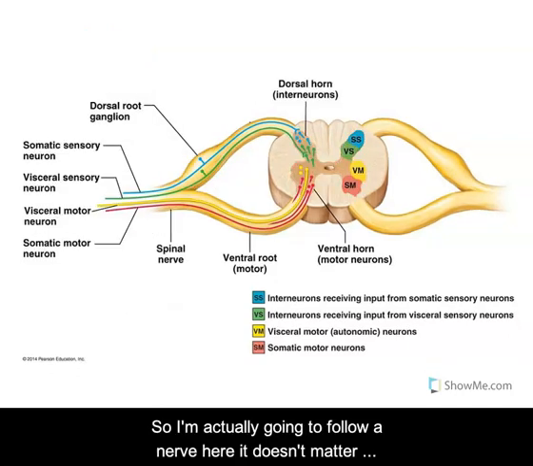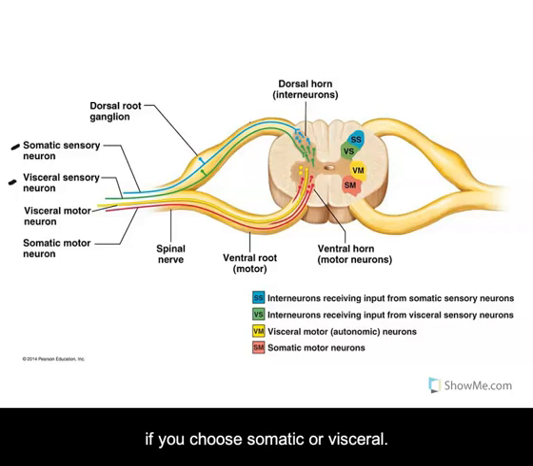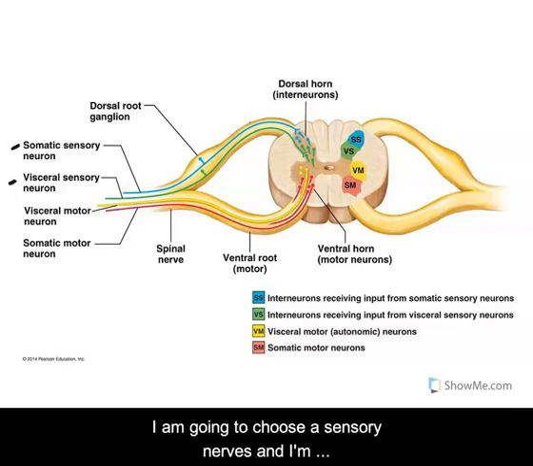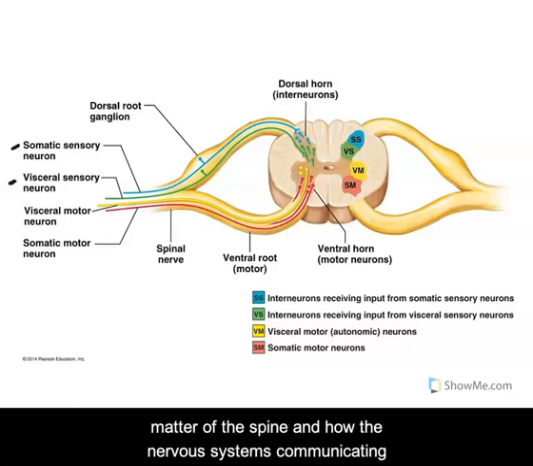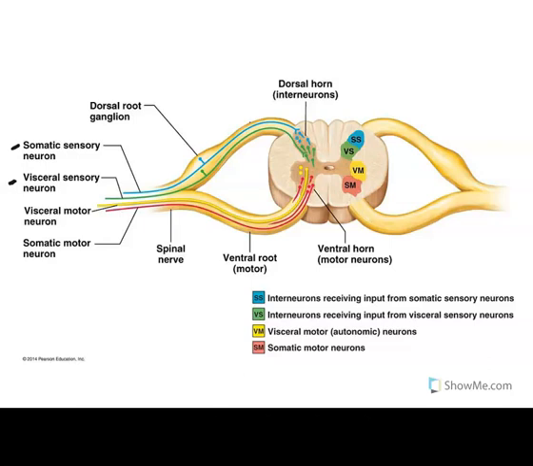So I'm actually going to follow a nerve here. It doesn't matter if you choose somatic or visceral, but I am going to choose a sensory nerve, and I'm going to show you the process through the gray matter of the spine and how the nervous system is communicating. So here, let me draw that pathway once again: sensory to interneuron to motor neuron.